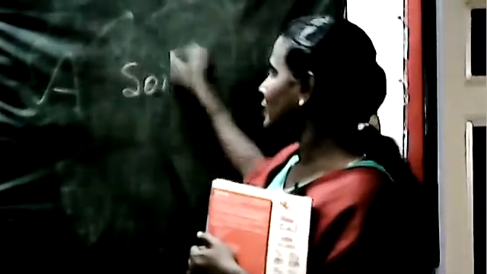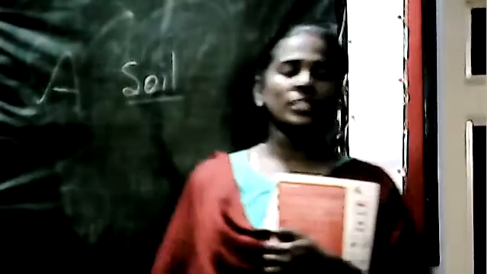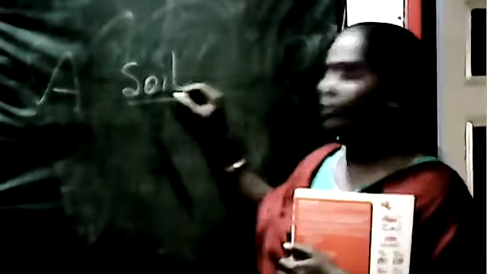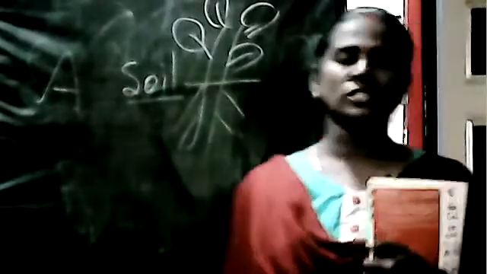And next we have learned the vegetables also. Vegetables which are growing inside the soil, for example, carrot, beetroot, radish, turnip. These are all the vegetables which grow under the soil.